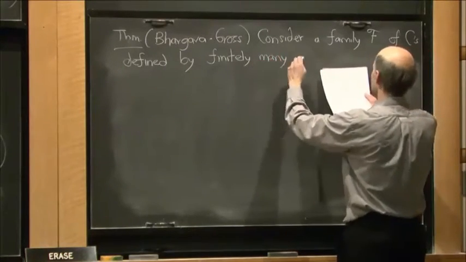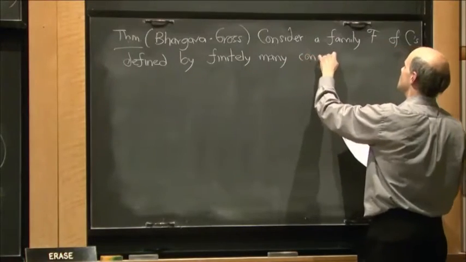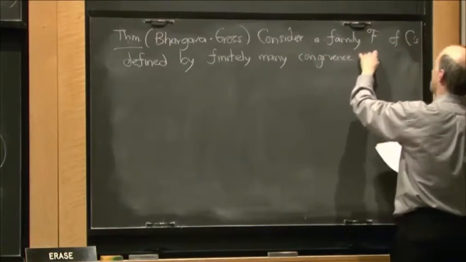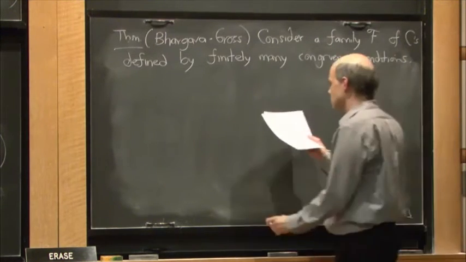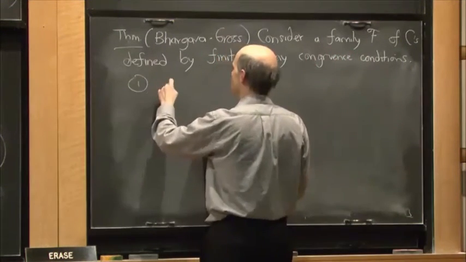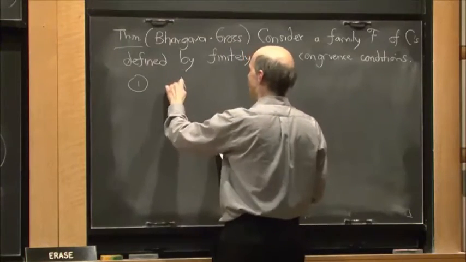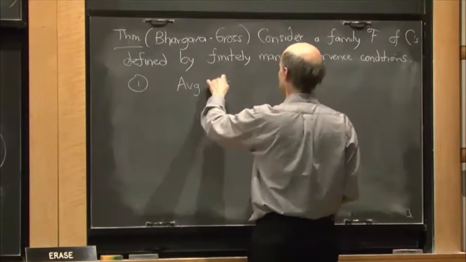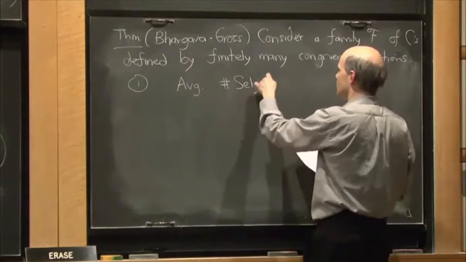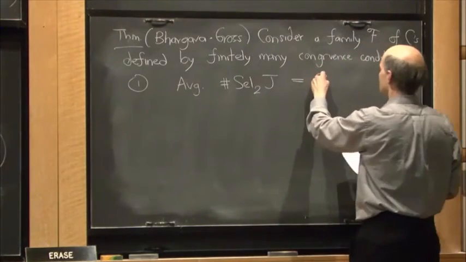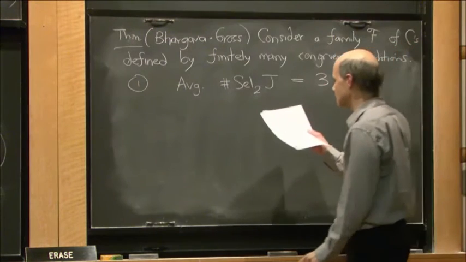Then I look at all the curves that satisfy those conditions. They first prove that no matter what congruence conditions you impose, the average size of the 2-Selmer group is 3.